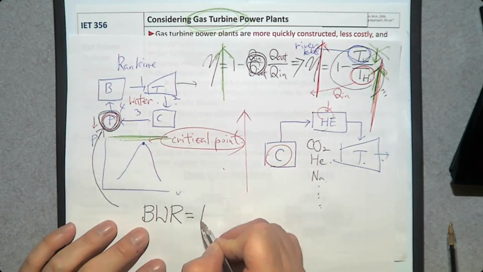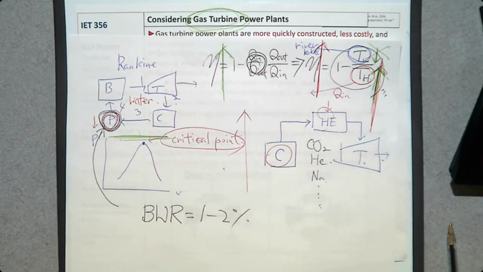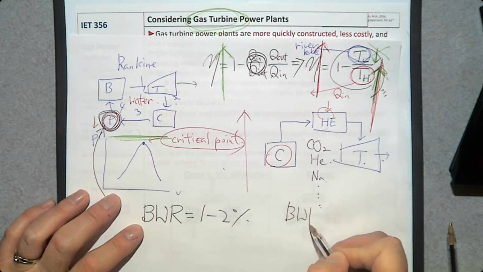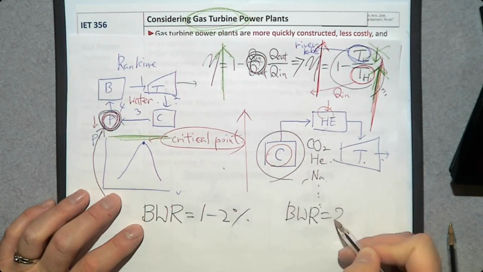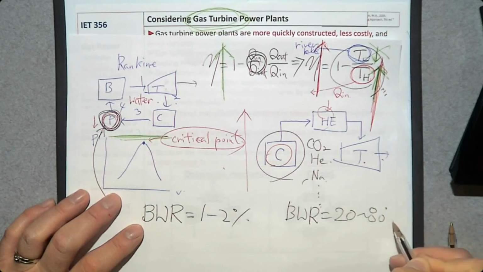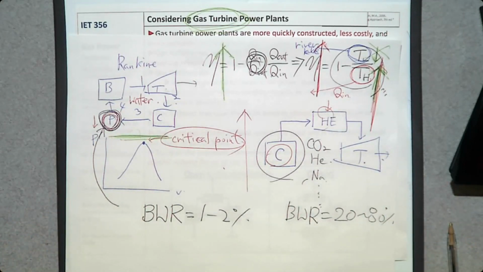About 1 to 2% in a vapor power plant. What is the back work ratio in a gas power plant? 20 to 80%. So that is the problem. Still, we can achieve very high thermal efficiency. So it's again another balancing game, right?